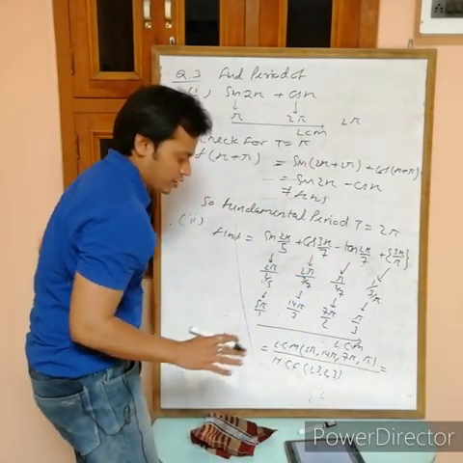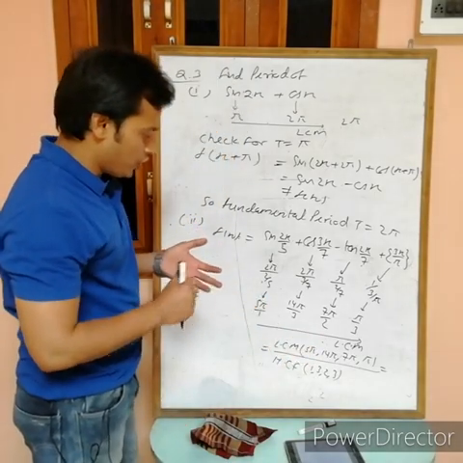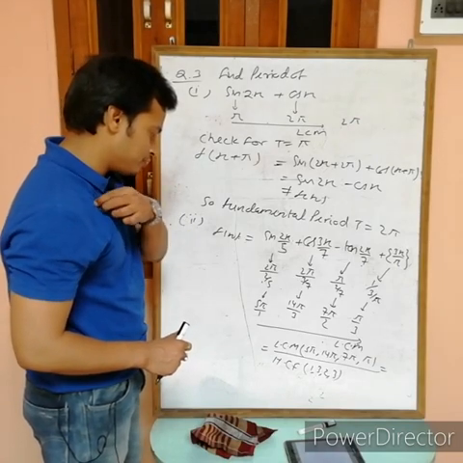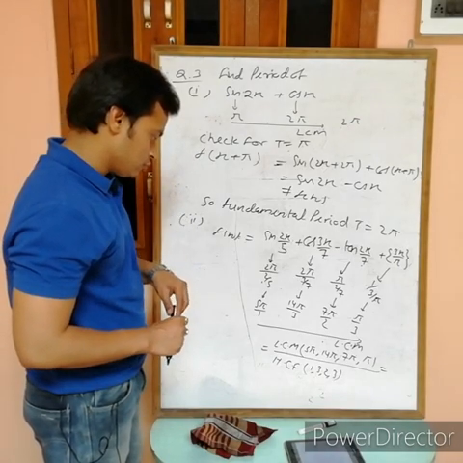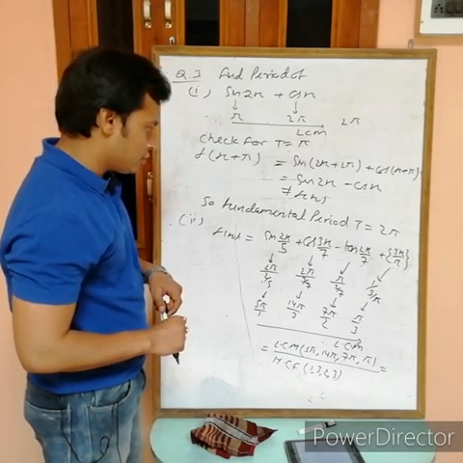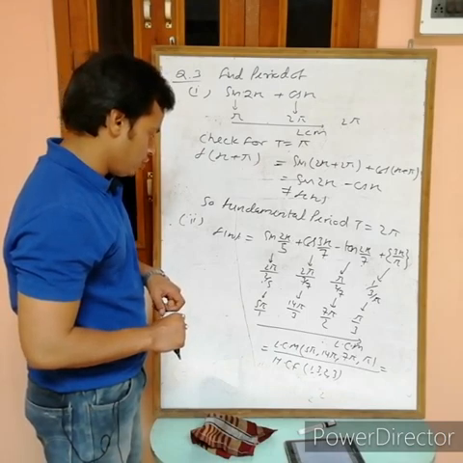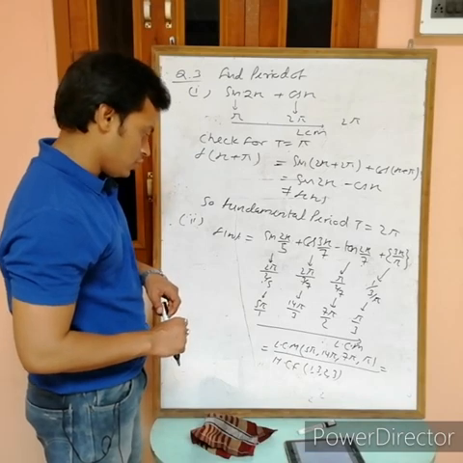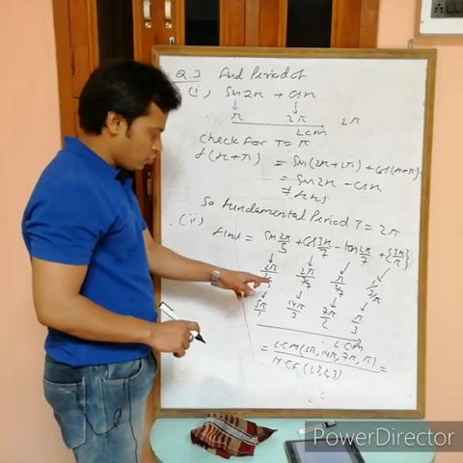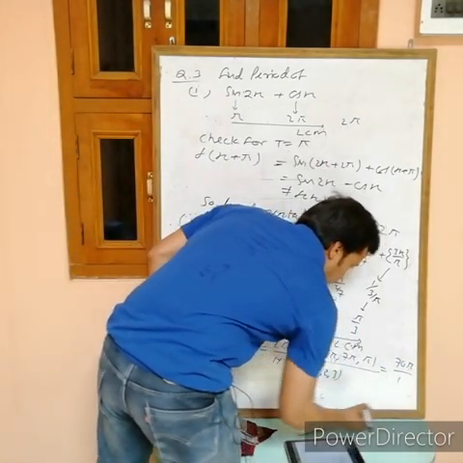The HCF of this one is equal to 1, and the LCM of this one is 5 into 14 into 7. So what we are getting? 14 into 5 is 70, so the LCM of these all is 70 pi, and the HCF is 1.